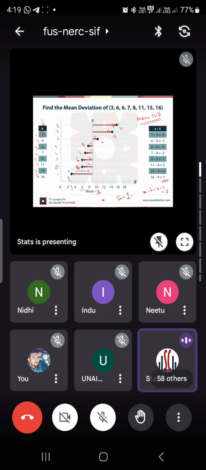How far the numbers are away from the center, away from the mean, away from the average. So minus 6, minus 3, minus 3, minus 2, 1, 2, 6, 7.